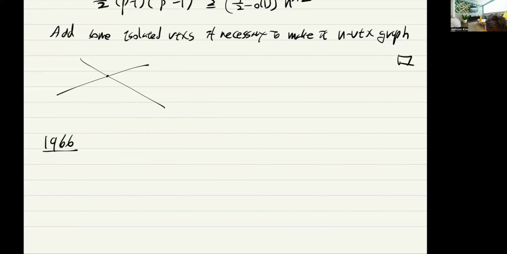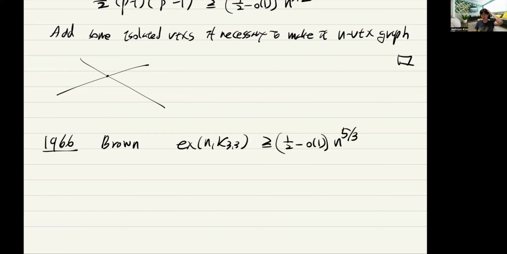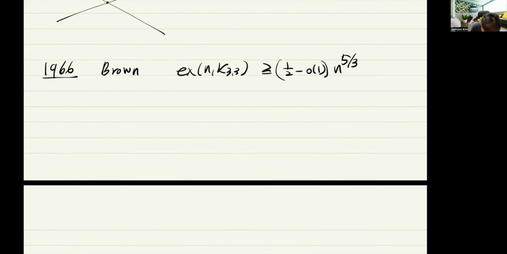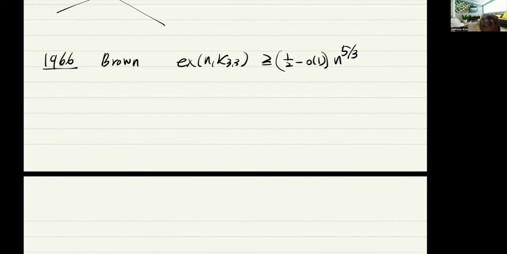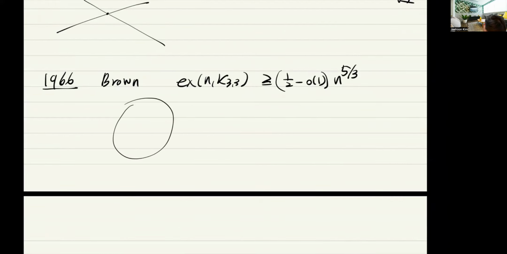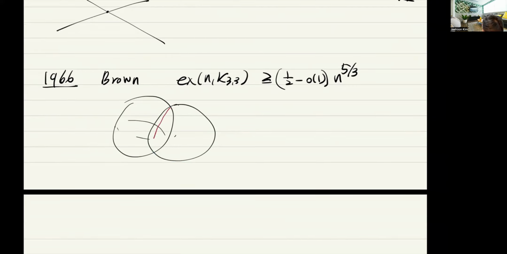In 1966, Brown proved that the extremal number of K_{3,3} is at least half minus o(1) times n to the 5 over 3. Roughly what it uses is that if you have a sphere and then another sphere, you get a common cycle.